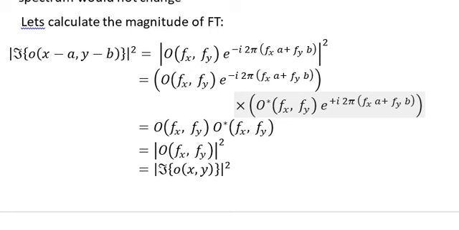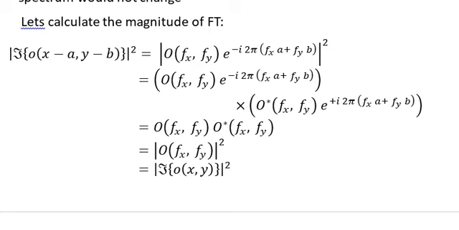So you see that these exponential factors will cancel out, and we are left with capital O at fx, fy multiplied by the complex conjugate of capital O at fx, fy. Multiplying these two, you will get the absolute square of O at fx, fy, and this capital O is nothing but the Fourier transform of small o at x, y, which is the unshifted version of the object.